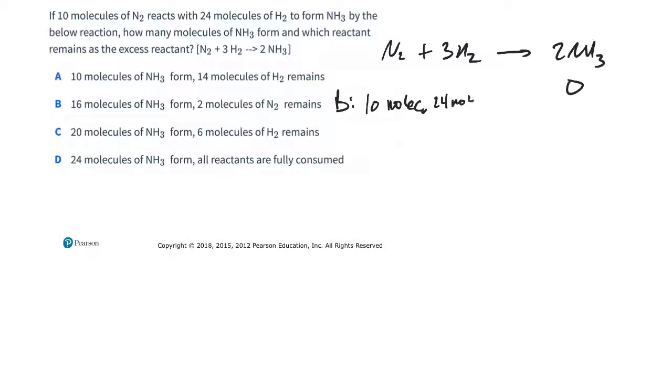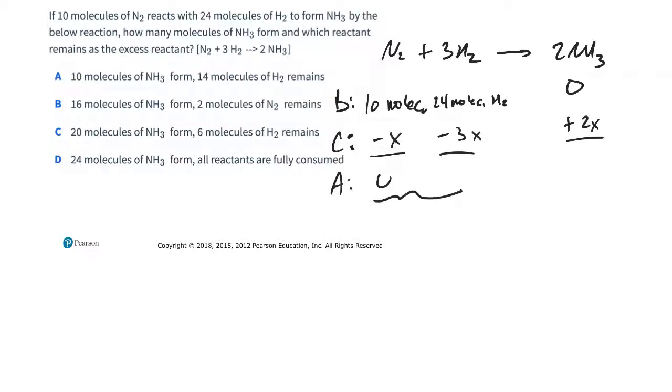Then I have 24 molecules of H2. Now, a few ways that we can think of our change here is that we could do a minus x, minus 3x, and a plus 2x. That might help us. And one of the keys is after the reaction, one or both of these should go to 0. So the question is, which one?